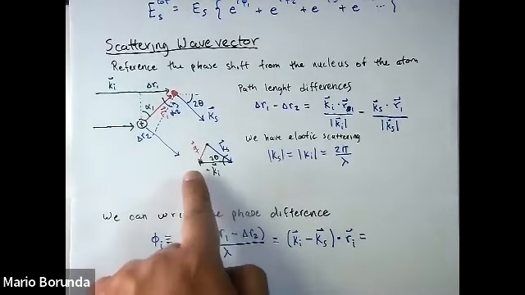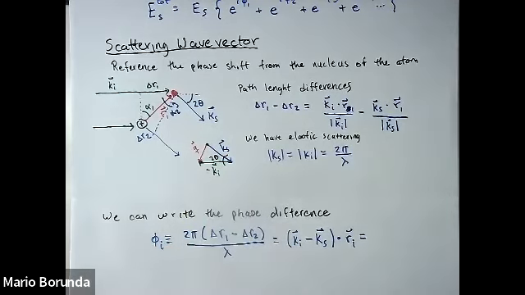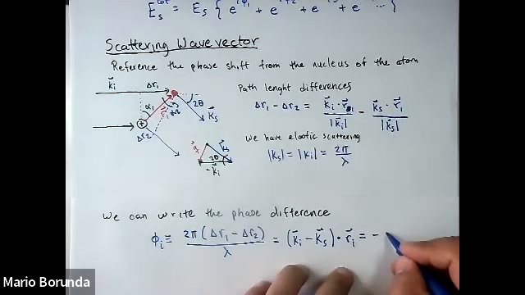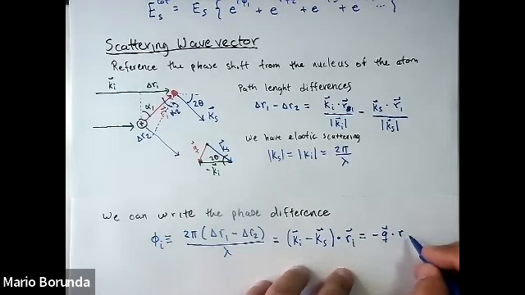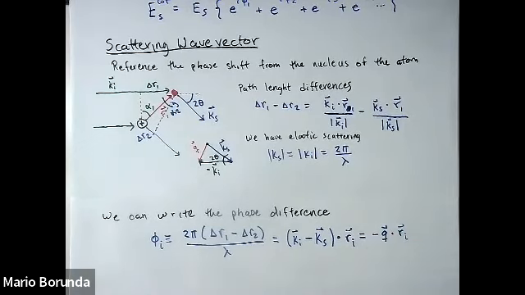And from this geometry, Qs minus Ks minus Ki gives us Q. And this is a vector.